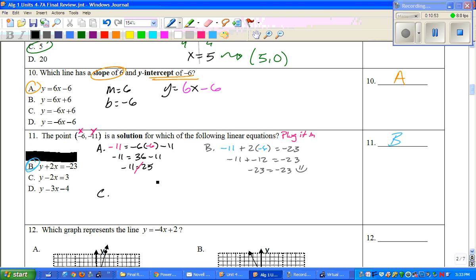For C, you would have negative 11 plus 2 parentheses, negative 6 equals negative 23. Oh, that's not the right one. There's the one we just did.